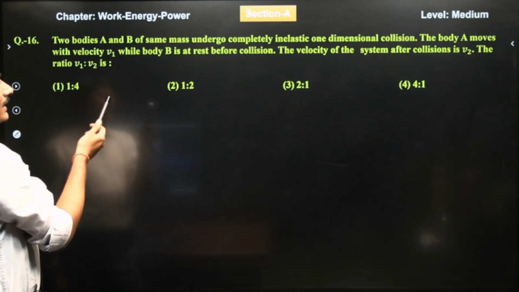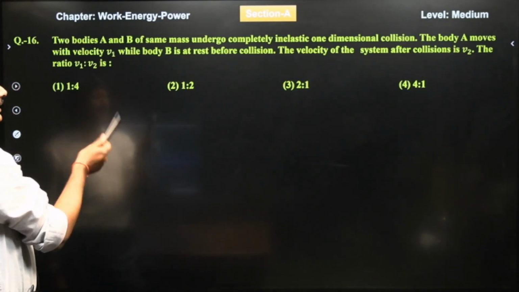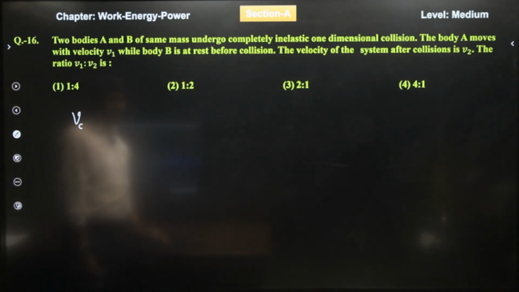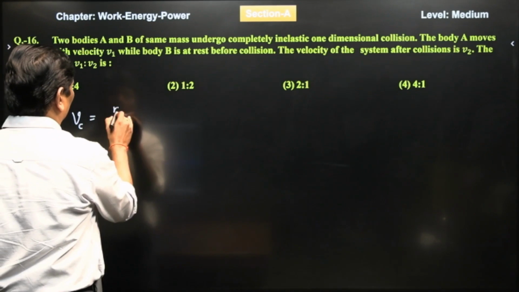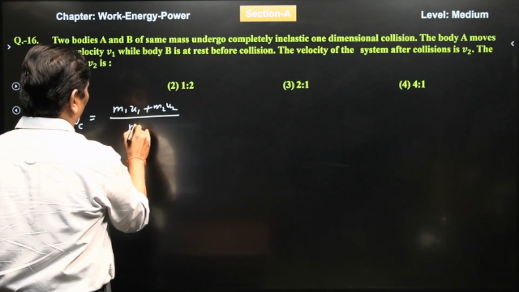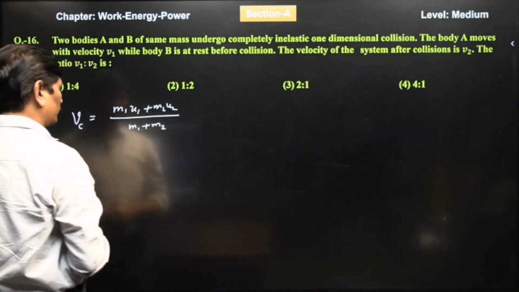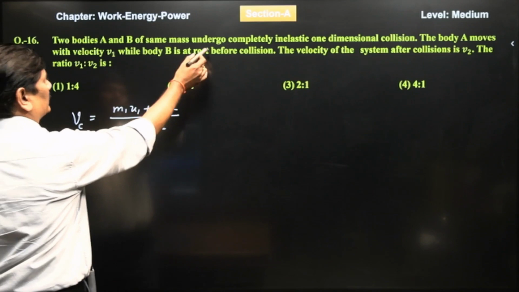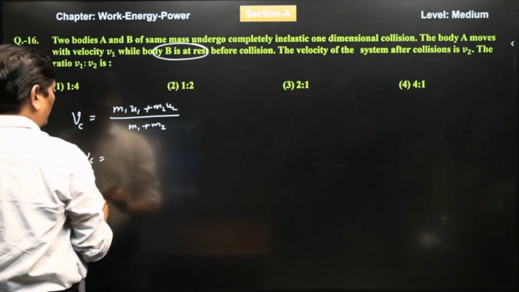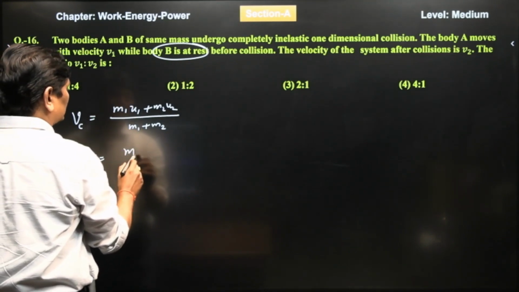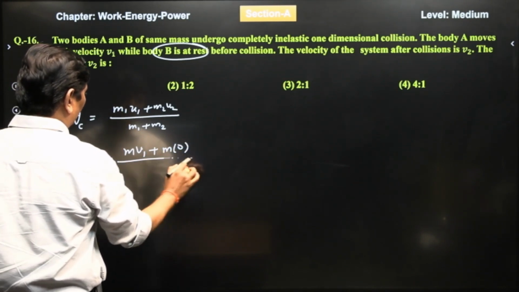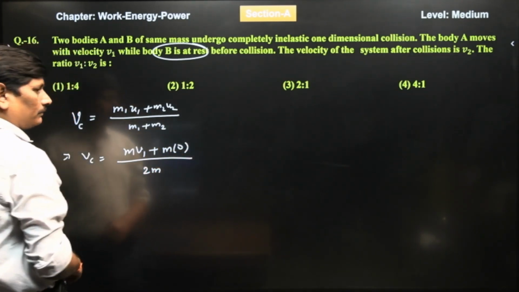Actually, this is a one-dimensional, completely inelastic collision, so you will get the common velocity. What is the equation for the common velocity? m1 u1 plus m2 u2 divided by m1 plus m2, if the bodies are moving in the same direction before collision. But here the second one, B, is at rest. So common velocity Vc is equal to m into v1 plus 0, divided by m plus m, which is 2m.